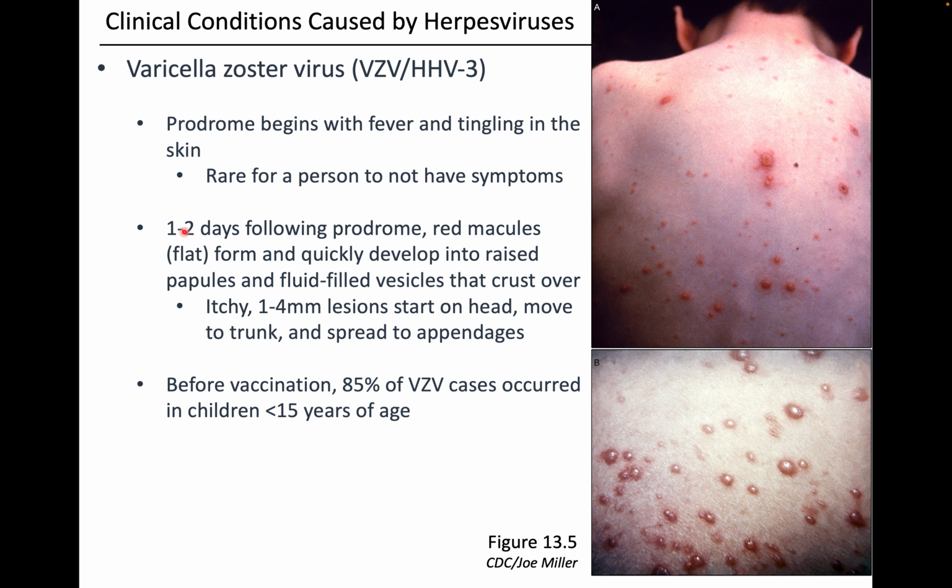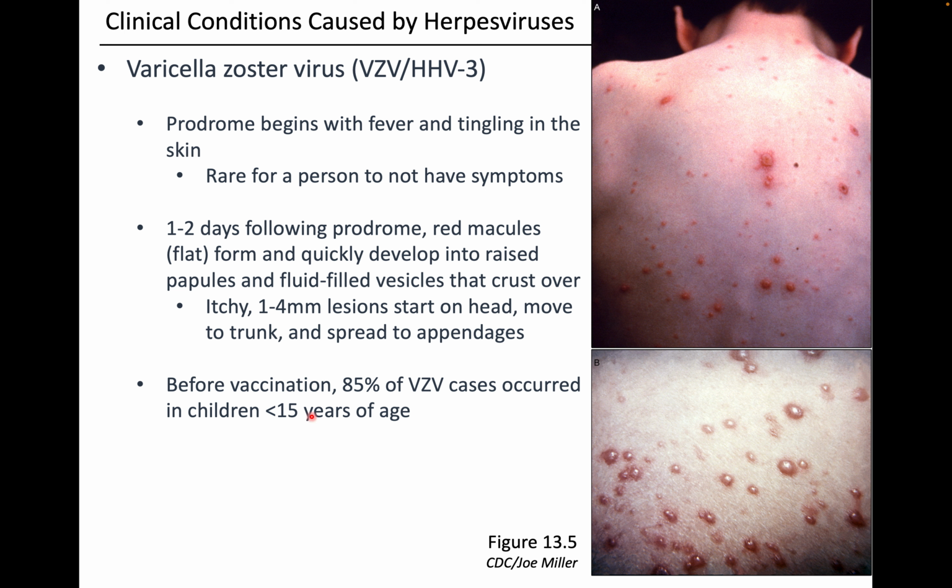And then within a couple of days, you'll start to get those specific lesions, which will start as red macules, kind of flat, raised red bumps. Then those are going to turn into papules and fluid-filled vesicles, as you see down here at the bottom. And those are going to be insanely itchy. Usually they're going to start on the head, move on to the trunk, torso, and then out onto arms and legs from there.